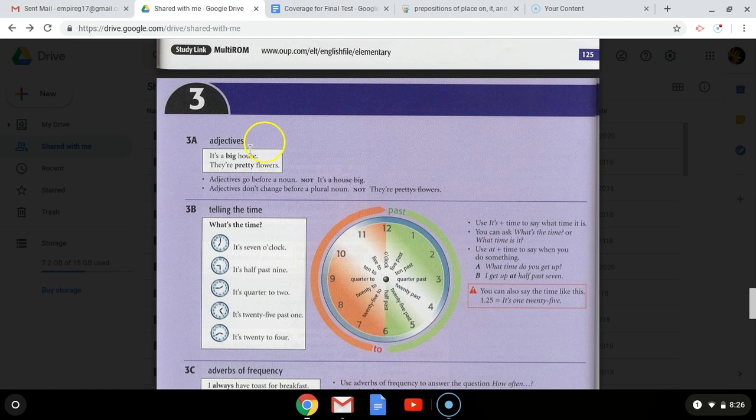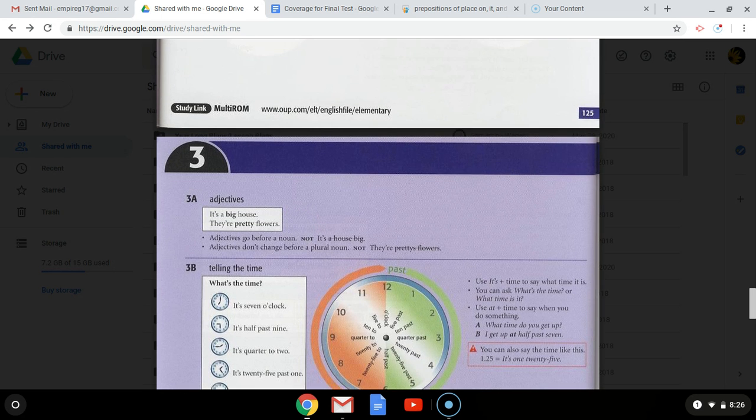Okay, for example, in this example, it's a big house. If you want to describe the house, the size of the house, we use the adjective big. Okay, now the adjective used in the second example to describe flowers is pretty. They are pretty flowers, or they're pretty flowers.